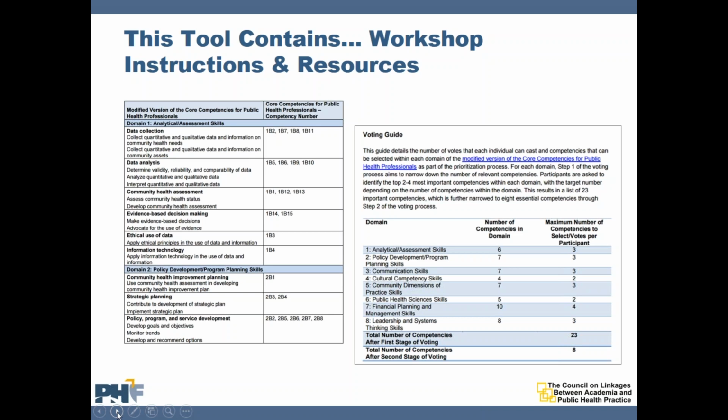So the modified version of the core competencies that I mentioned is included in the tool, as is a map that shows how these items within the modified version relate back to the full 2014 version of the core competencies. So depending on how you are planning to use the competencies you've identified, this map allows you to work backwards to the original competency statements if that's desired.